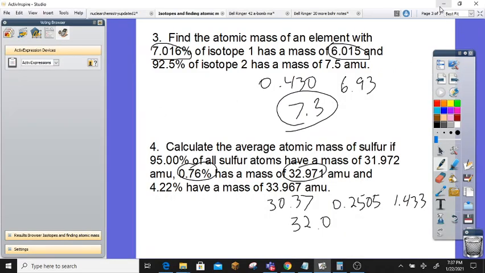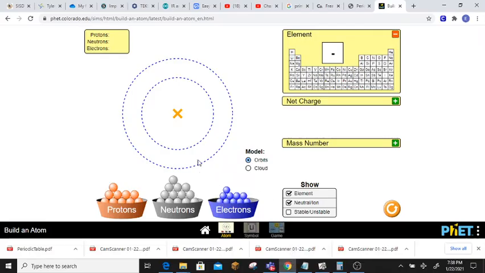So the next thing that I want to show you is this little animation here. So here we have, let's say, 1 proton, that's hydrogen, right? If you add another proton, anytime that you add protons, that changes the element, right?